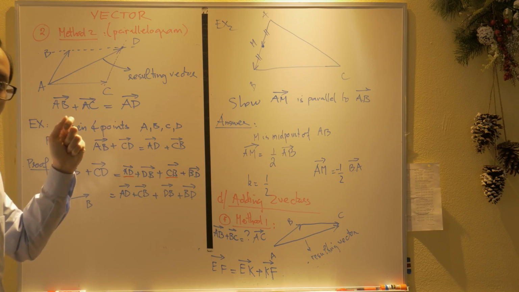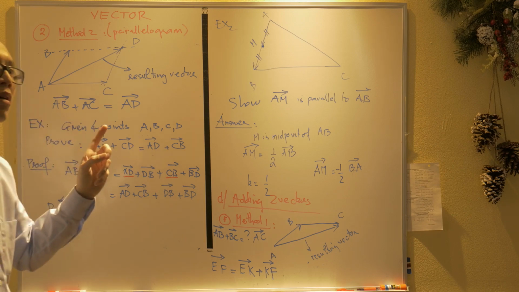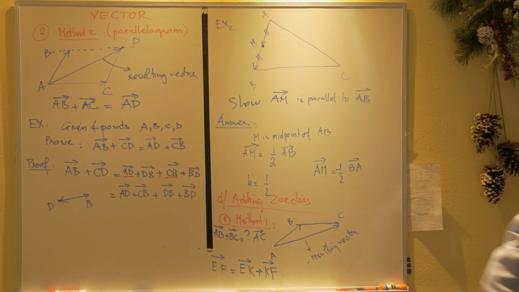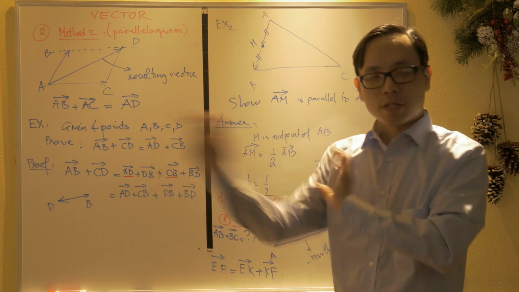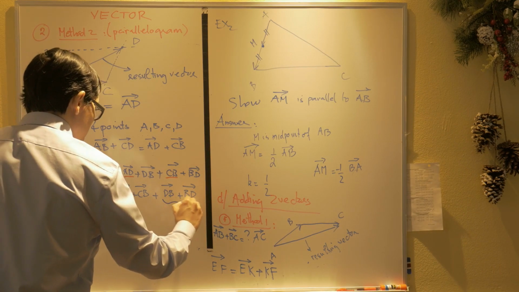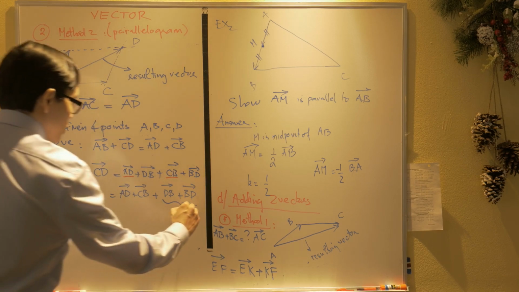I think it's in the opposite vector property. They have the same magnitude, they are opposite to each other, so basically they cancel out. So this gives you 0, because it cancels out, giving you the zero vector.